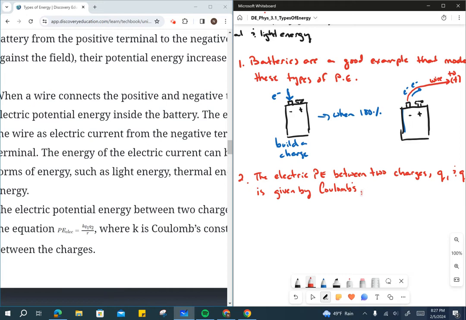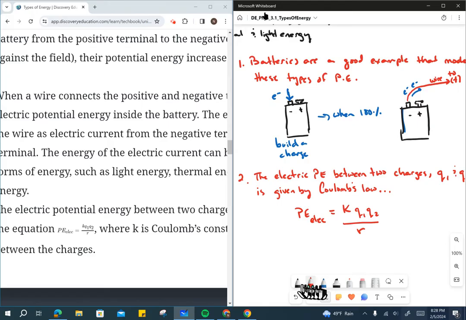Coulomb's law, where we say the electric potential energy is equal to a constant, K, times the charge of object 1 times the charge of object 2. All of that is going to be divided by the distance, okay?